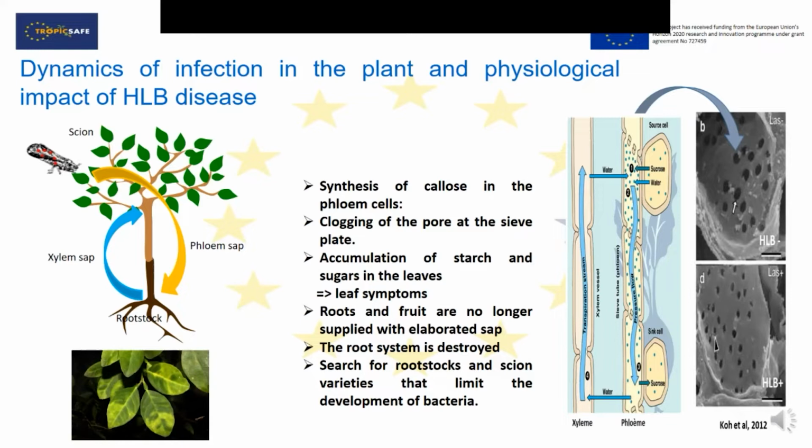If you have no more transport through the sieve from the leaf to the other parts of the plant, you will have accumulation of starch in the leaf, and this accumulation will lead to a perturbation of the photosynthesis and all the yellowing that you can see in the leaf.